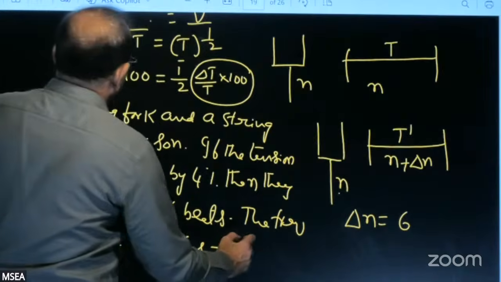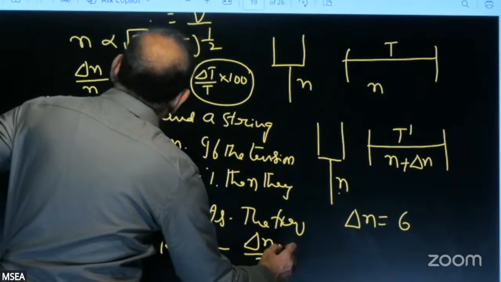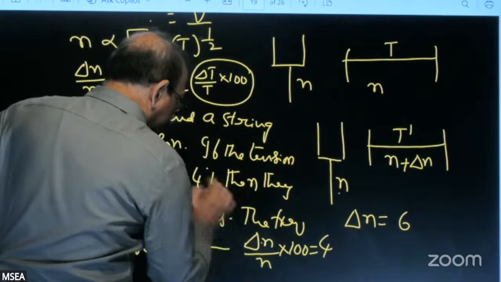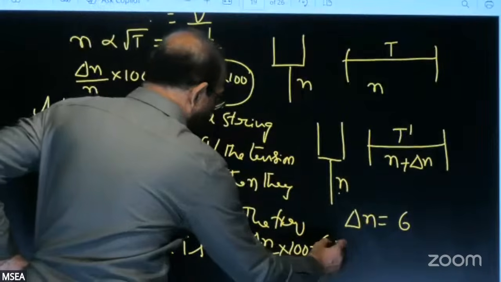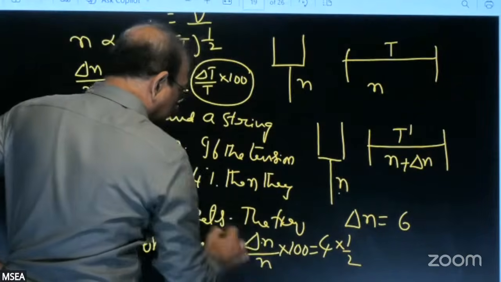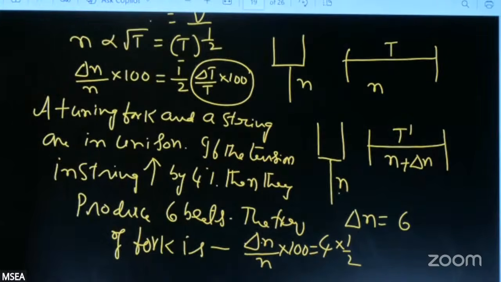So substitute 4 there. Sorry, 4 into half I have to write, no? Delta N by N into 100 is half into 4. This delta N is 6. Substitute 6 here and find N. Tuning fork frequency you'll get 300. This is also an important model in beats problems, the beats and stretched string combination.